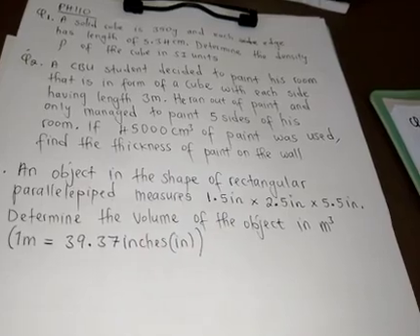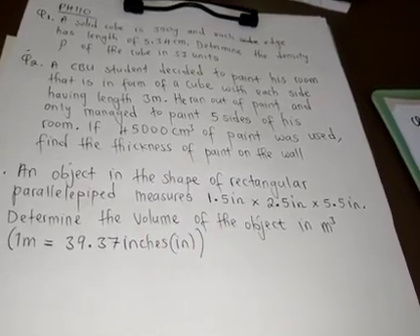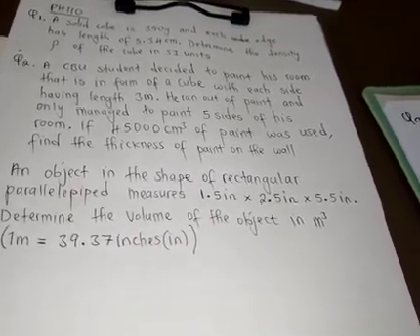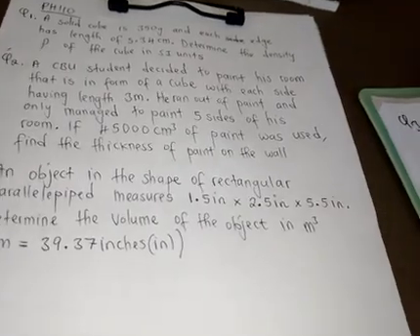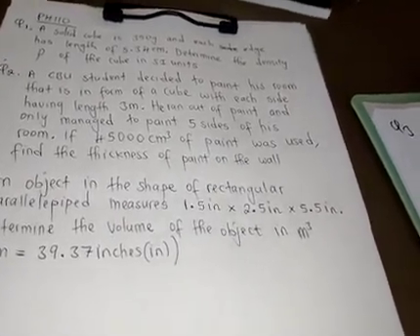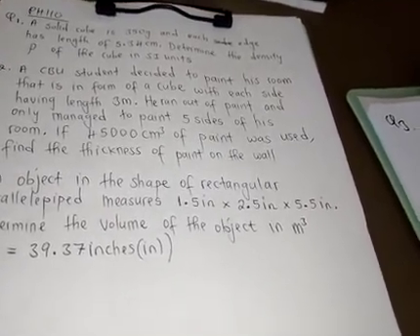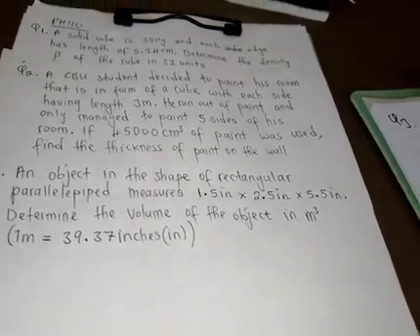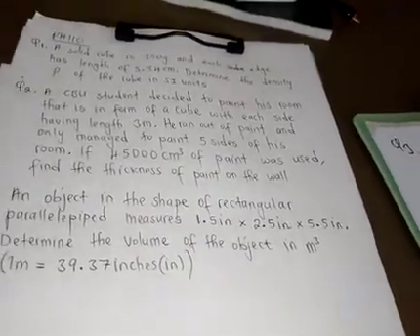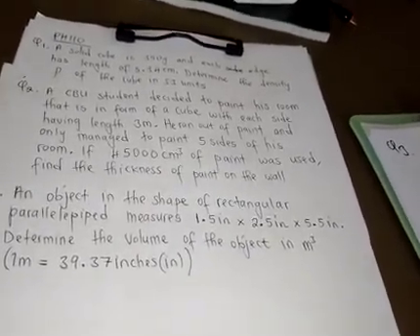Determine the volume of the object in cubic meters, given that 1 meter is 39.37 inches. Then we should determine its volume.